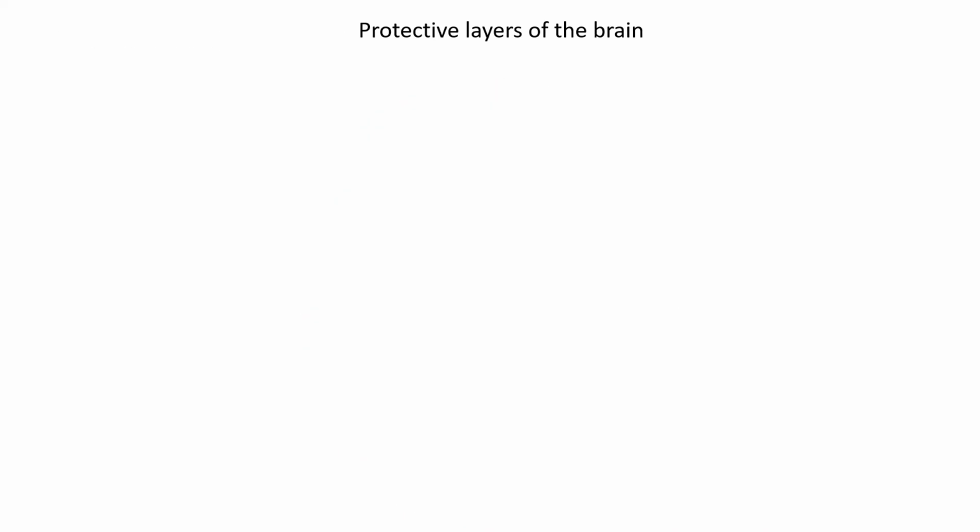So it is obvious that the brain is really important. It is not only controlling our movements and our sensation, it's even controlling all the internal organs in the body. And therefore, we need a lot of protection for the brain to prevent it against any kind of injury.